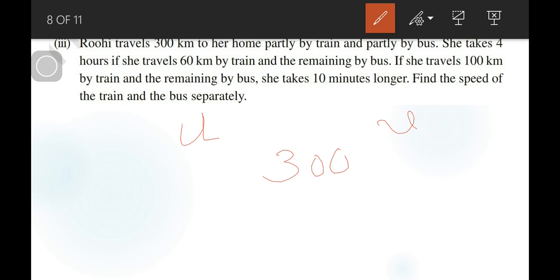In the first problem, it is given that she first travels by train 60 km, so the remaining distance is 240 kilometers by bus, and she takes 4 hours.